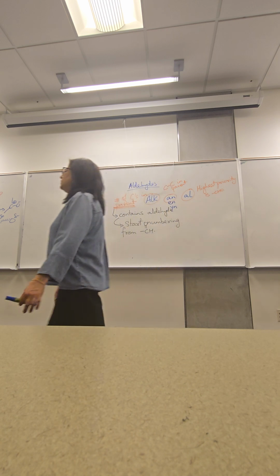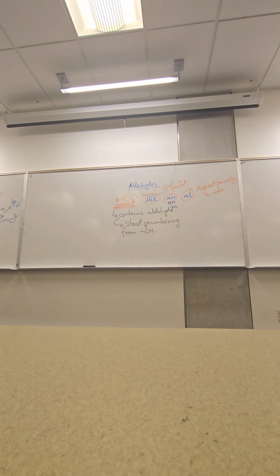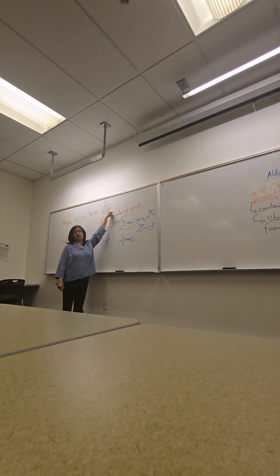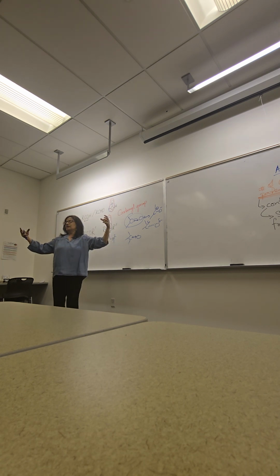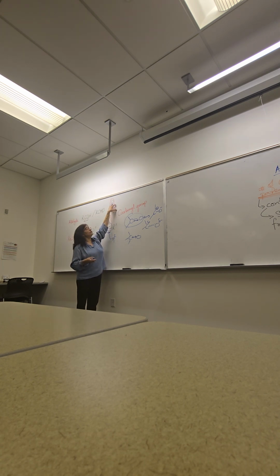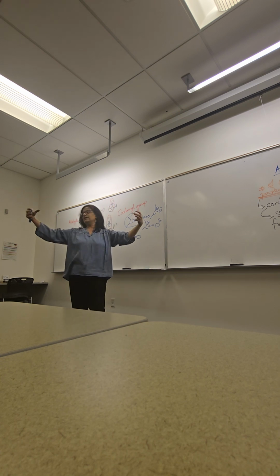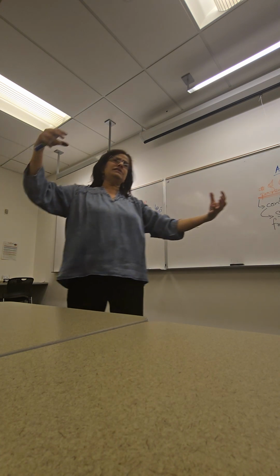Why can it only be on the end? Why can't I have it in the middle and be part of the parent? Because of the hydrogen. The maximum number of aldehyde groups possible in one parent is 2, on either end, because that marks the end of the chain. If that's not the end of the chain, it can't be an aldehyde. Aldehydes can only be at the end of the chain. Does that make sense, everybody?